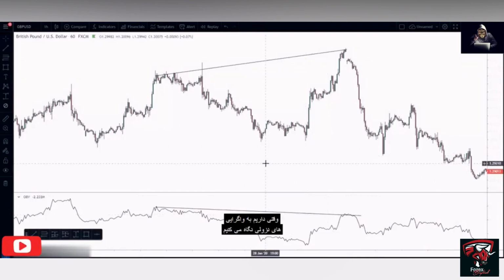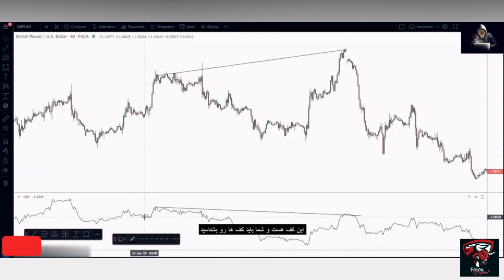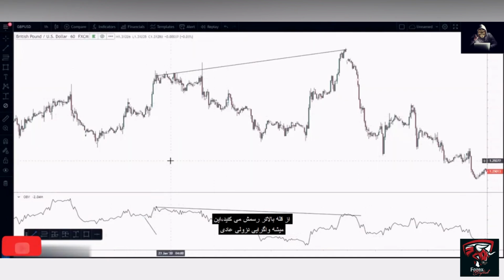When you're looking at bearish regular divergences, you draw them from the top. As you can see, from the top and from the top. What do I mean by the top? I mean the top of the chart, not down here, okay? This would be the bottom, and you're going to need to know about the bottom soon. No, you draw from up here, the tops, okay? That's bearish, regular divergence, okay?